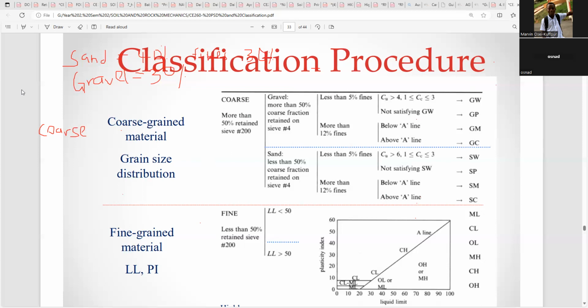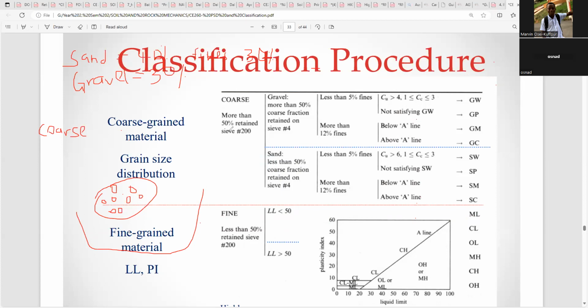Because if you put gravel on sieve number 200, because of the small size diameter of the sieve, it will not be able to allow gravel or sand to pass through. Sieve number 200 only allows fines to pass through to get into the pan.